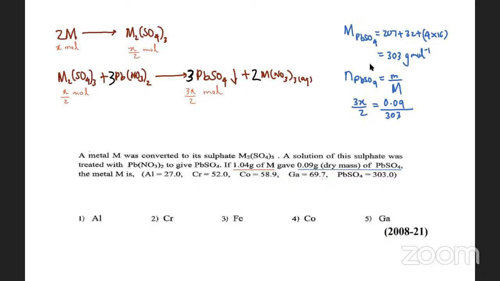So the simplification: this 3 and this 0.09, if I simplify them, it will be 0.03. 0.03 over 303 is going to be 0.01 over 101. So X is going to be equal to how much? The 2 goes up: 0.02 over 101. That is X, the number of moles of M.